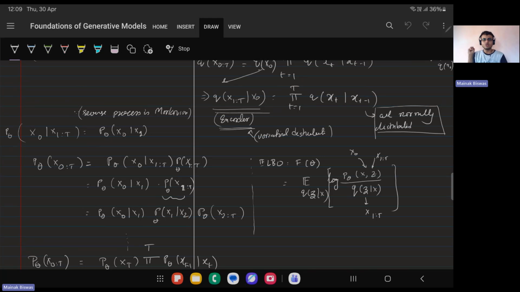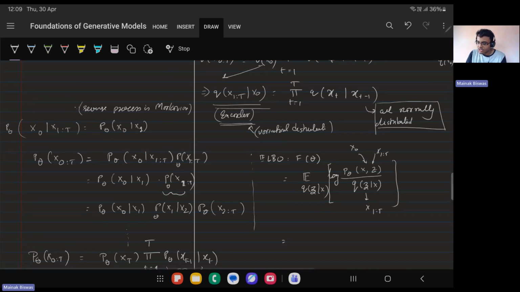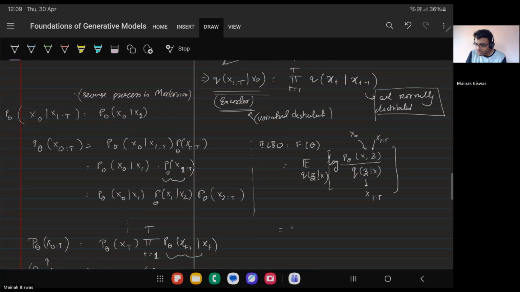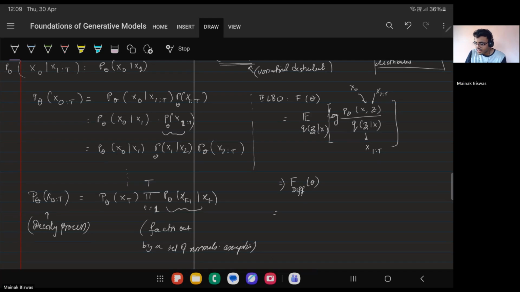So I'll be able to write down the ELBO for the diffusion model as the expected value under q of z given x of log of p theta of x0 to t over q of x1 to t given x0.